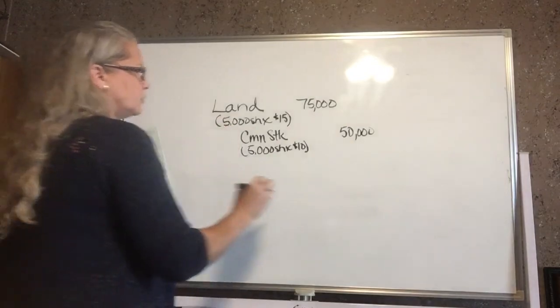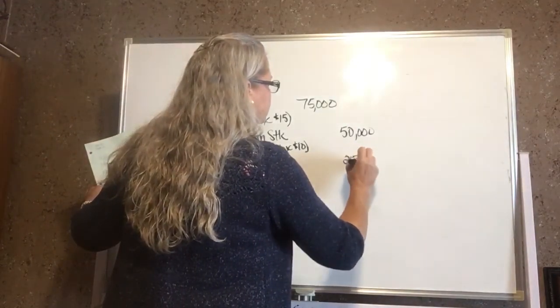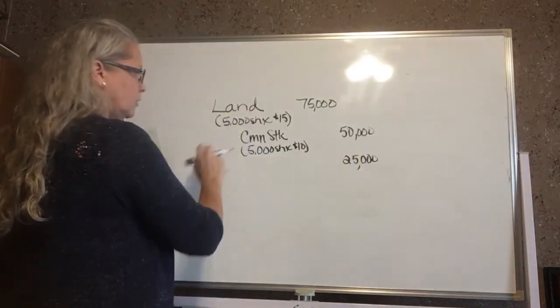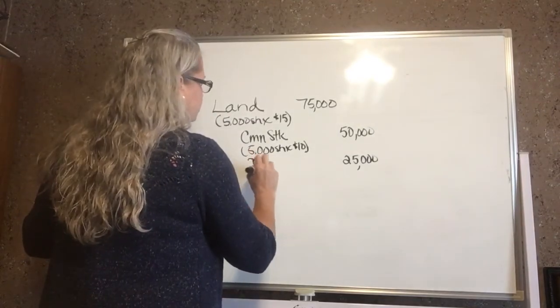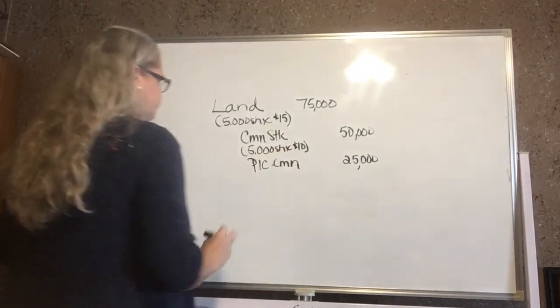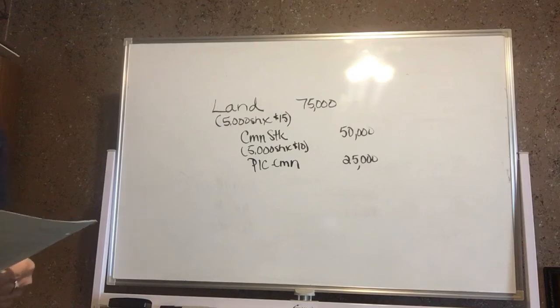The difference is 25. Giving up common stock, so it's paid-in capital on common. So that gives you some examples on common stock.